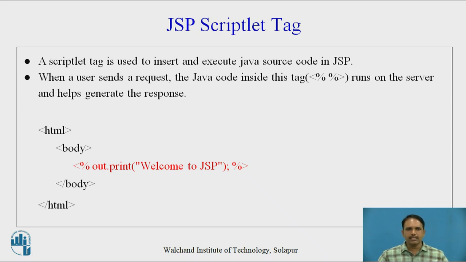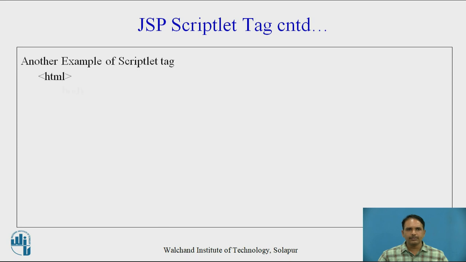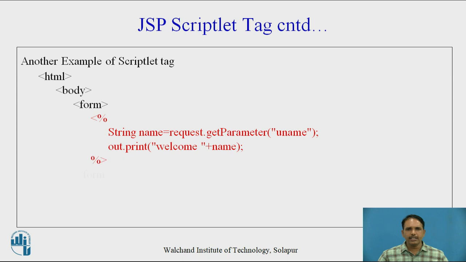Let us take another example where sometimes we read a content in the HTML file and then make a request to any of the JSP. So here we are reading such parameters using request.getParameter and name of that particular field is uname, and copy this particular received data into some of the other variable like string name.